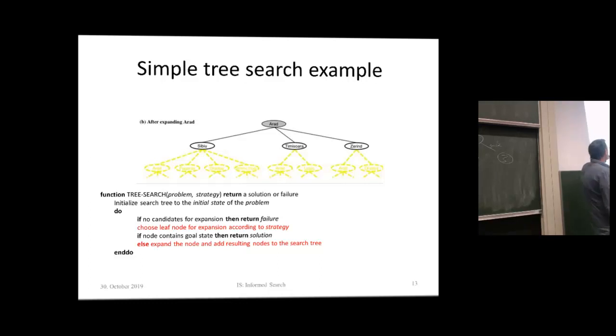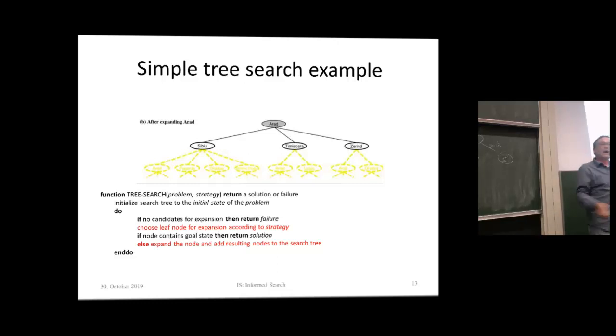If you can't find any other node, then you fail. If you can expand, then you add these to your data structure, to your tree. So now I added Sibiu, Timisoara, and Zerind to the data structure.